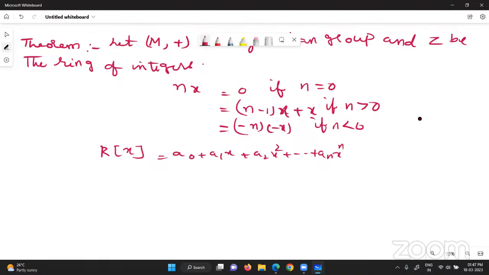You can define R[x] as an R-module with respect to addition, (f + g)(x) = f(x) + g(x), and a·f(x) = a·a0 + a·a1x + and so on + a·an x^n. With respect to this operation, you can say that R[x] is an R-module.